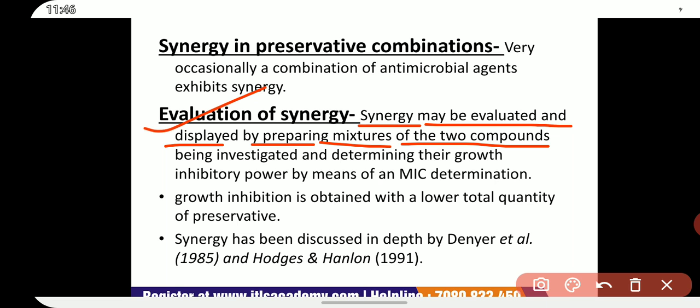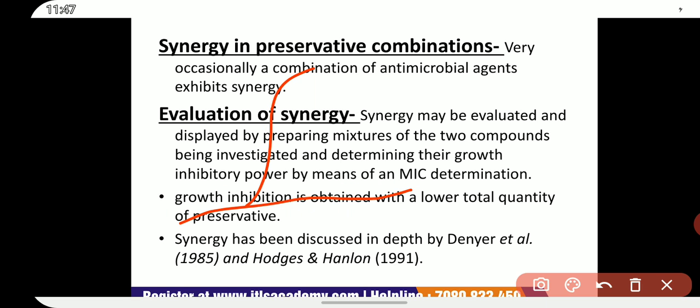As we discussed, synergy is a process in which two compounds are mixed, being investigated and determining their growth inhibitory power by means of an MIC determination. The results obtained by the evaluation of synergy may be plotted in a graph.